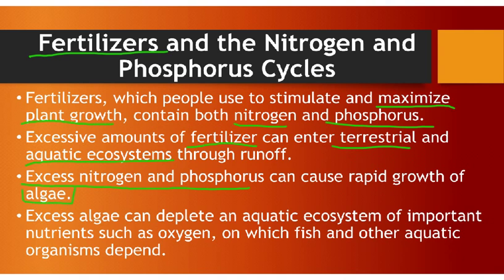All right, and if there's too much algae, what ends up happening is that the oxygen supply of that water source, of that aquatic ecosystem, gets cut off, and we start seeing a mass die-out of fish and other aquatic organisms, and even other nutrients.